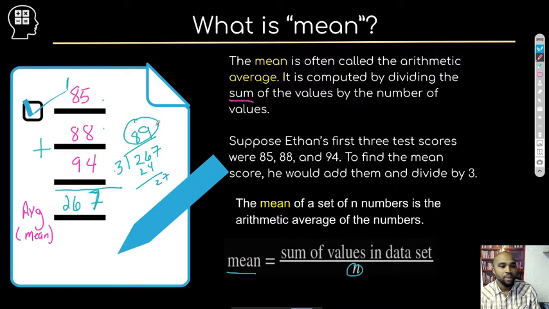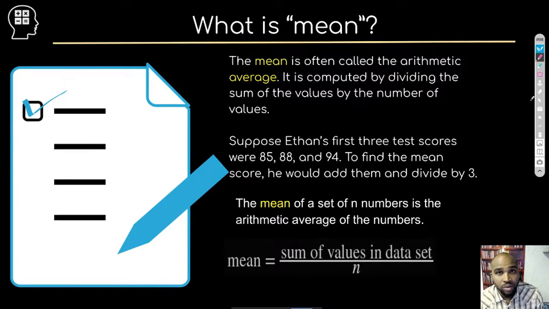A lot of times it doesn't come as a perfect whole number. It may have a decimal, but you get the idea. His average is an 89. That's what's going on behind the scenes, and you can do this math yourself if you're trying to figure out what your average is.